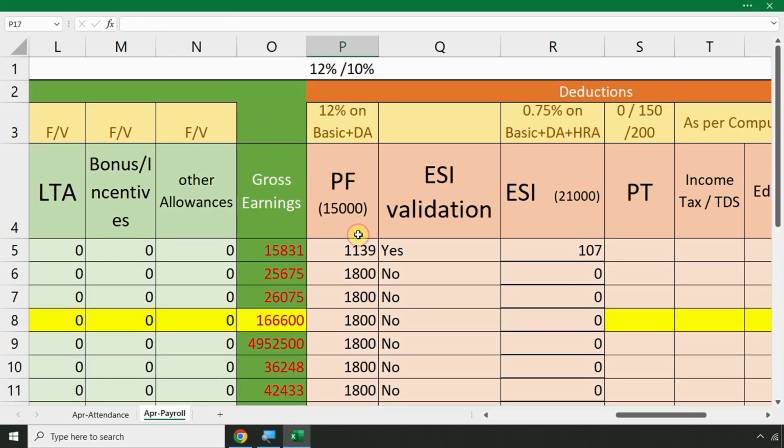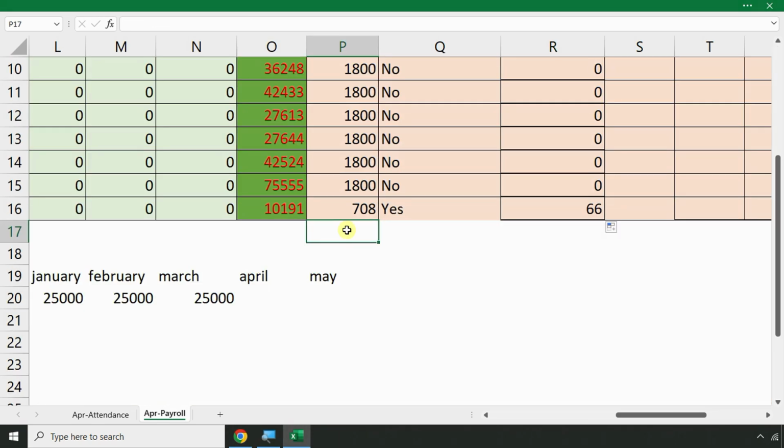For PF, employee 12% plus employer 12%. Of course, employer also adds one more percentage. So employee will add 12%, employer will add 12 plus 1% more.